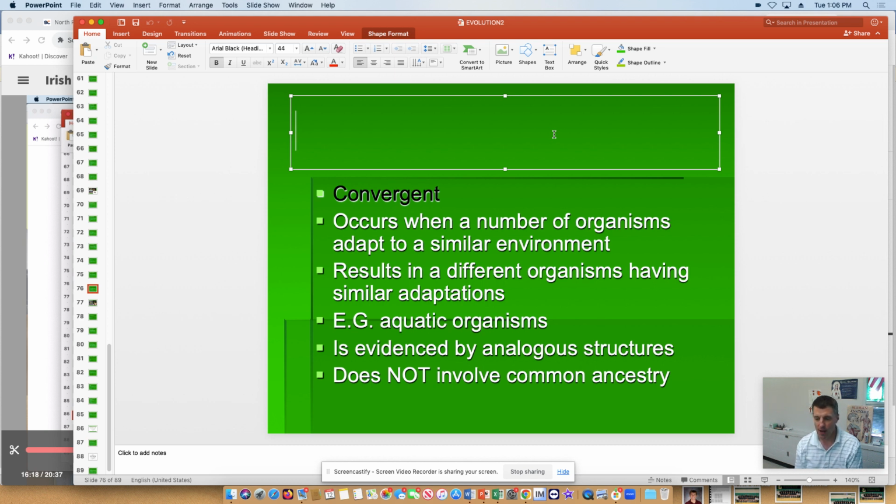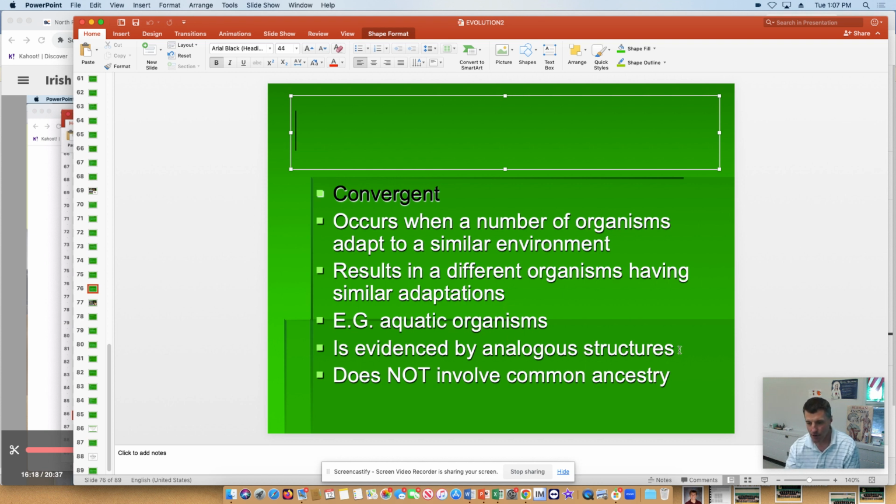Structurally, they're nothing alike. Historically or ancestrally, they didn't come from the same thing, but because the ability to move in flight is advantageous, they both ended up having wings that allow them to do just that. Aquatic organisms, having webbed appendages and all that kind of thing.